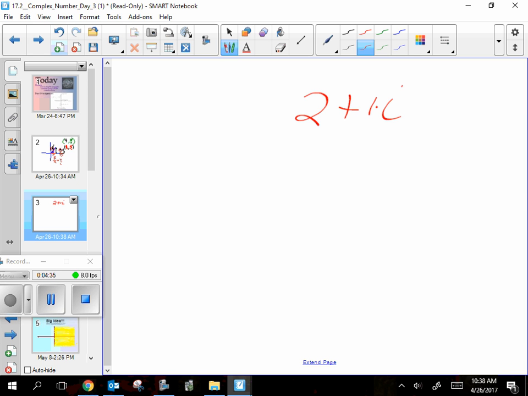Then there's a real part and imaginary part, but this part's real and so is that part. It's how many or how much of I we have. Technically, the only thing that's imaginary is the I part. So I can graph these two numbers. This guy, I think his name was Argand, not sure, but anyway, he's a mathematician, figured out, well, we could graph these, just graph the real parts of it.